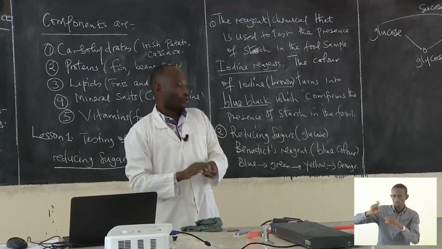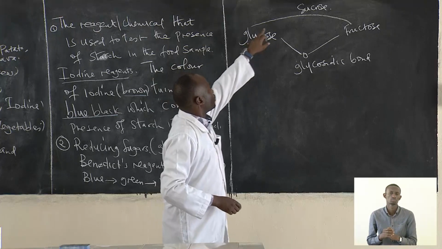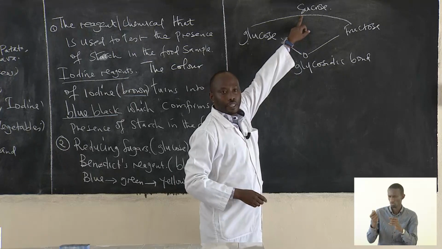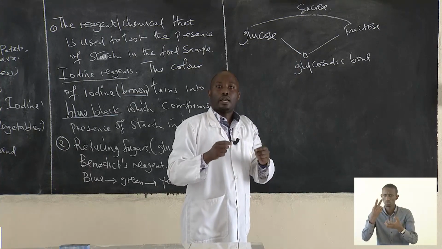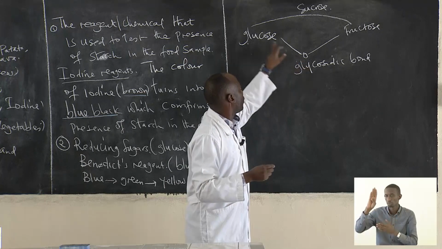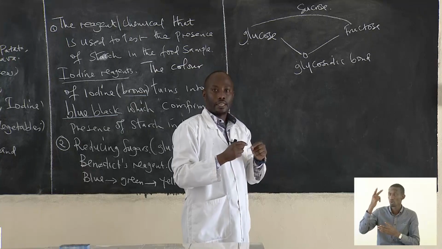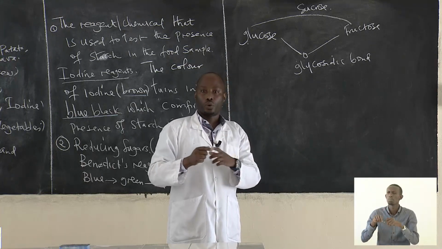Why do I have to do this? Because once you put Benedict's solution in sucrose only, it tests negative, because the bonds of the sucrose are very hard. It needs to be hydrolyzed, broken down by hydrochloric acid.